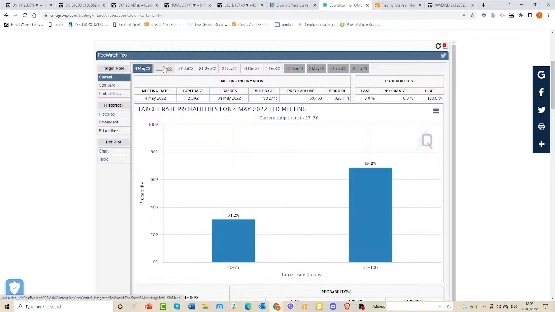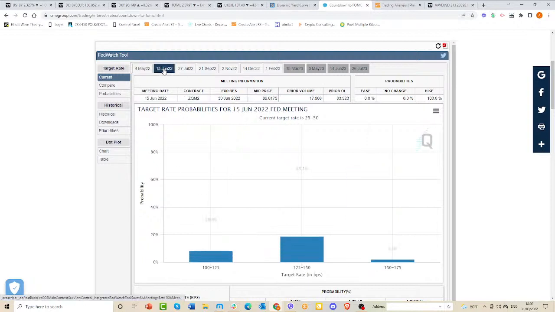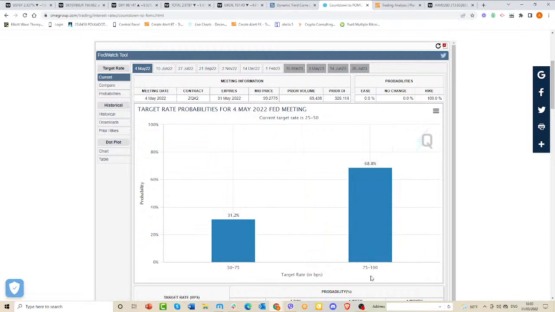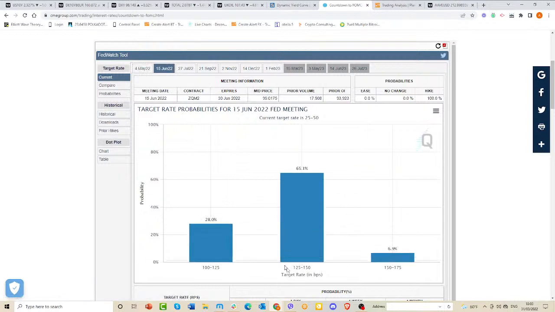And the 15th of June has changed in the last couple of days. There is also a 65.1% possibility priced in that rates from this 50 basis points, where we are going to be between 75 to 1%, will go next to 125 to 150, and so on and so forth.